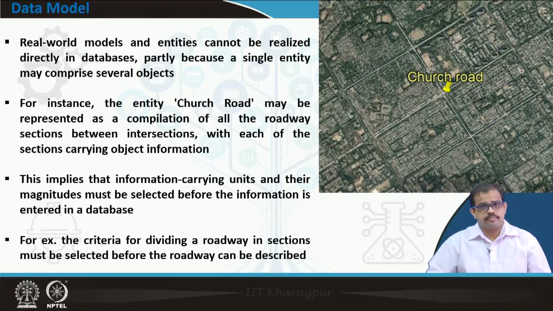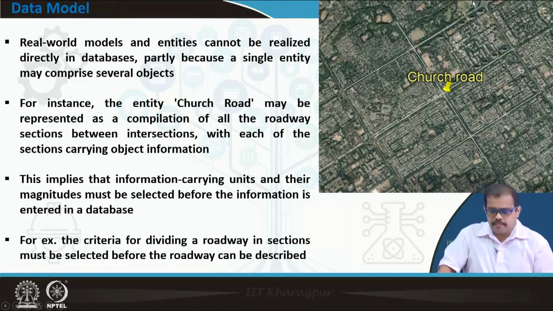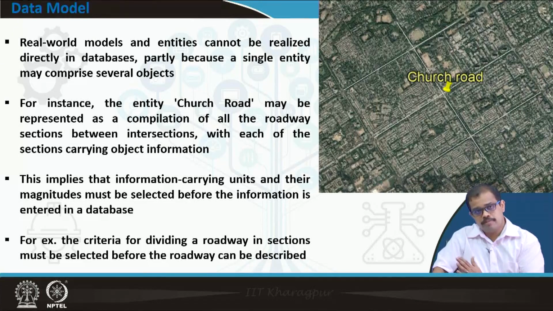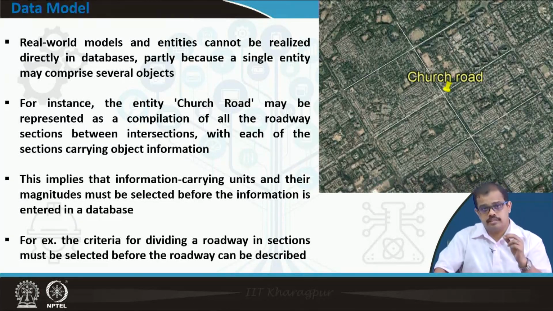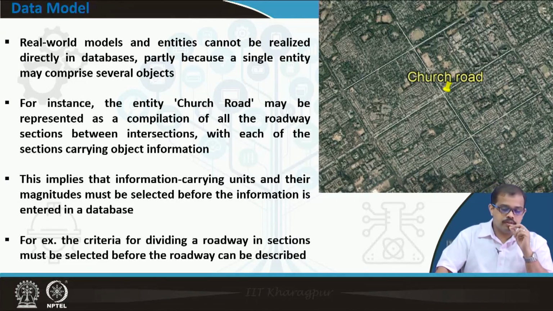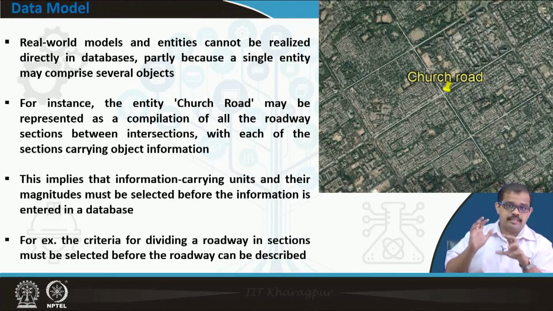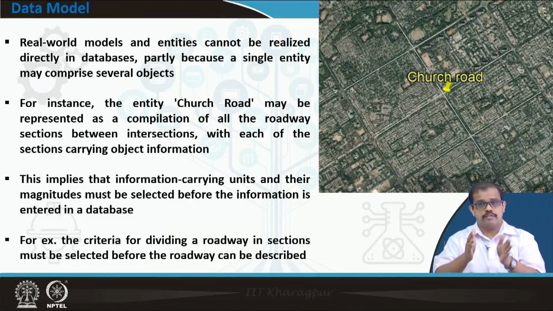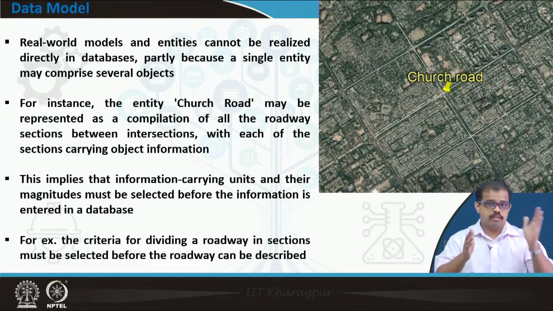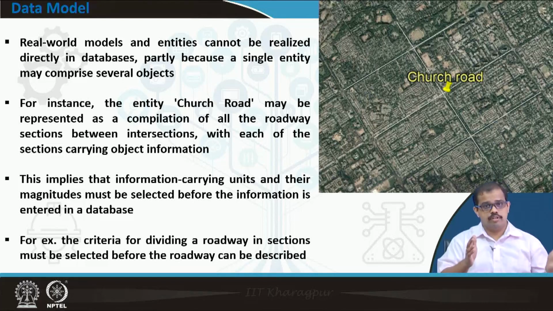But if I consider, for example, let us take this particular road which is called Church Road. If we consider this, it has different sections of road, it has an intersection, and each of these has information, right? When I say information, I mean the size of the road, the length of the road, then on the side of the road you have a number of buildings, which are again represented as entities.